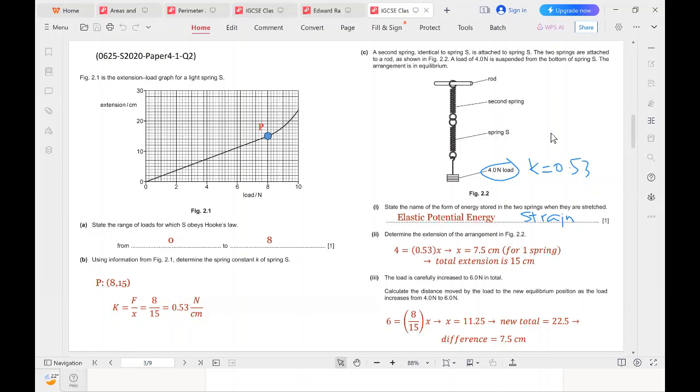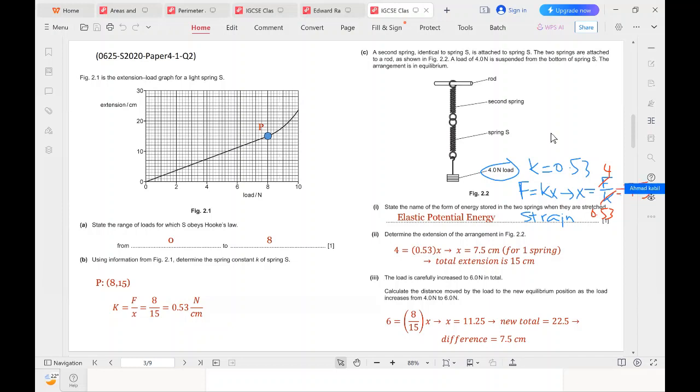Let's write down the equation: F equals Kx. We want the extension, so X equals F over K. The force here is 4 and K is 0.53. If you divide 4 by 0.53, you get 7.5.